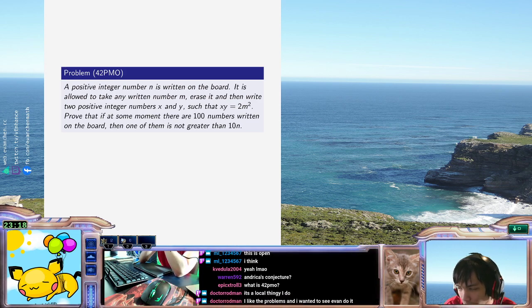Do I care that they're integers? I feel like the geometric mean of the numbers on the board increased by a factor of √2.